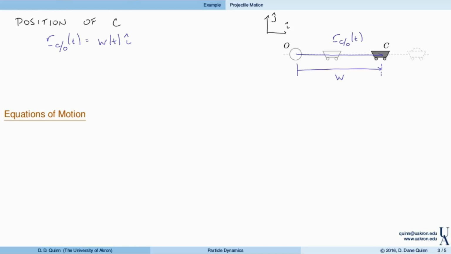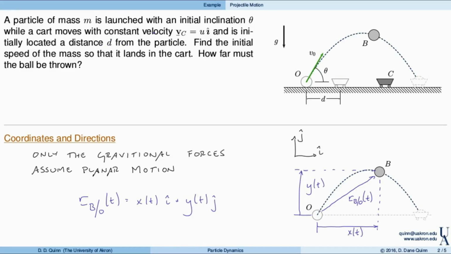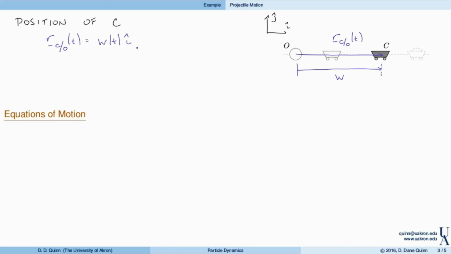Now, if I recall the problem statement, the cart moves with constant velocity. v of c is equal to u i. And now, in terms of this coordinate that we've measured, the velocity of the cart is w dot in the I direction. So again, the derivative of w with respect to time. From the problem statement, this is u in the I direction.